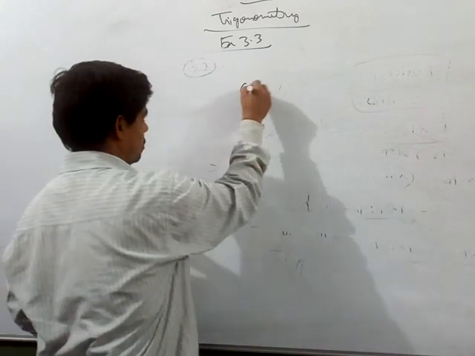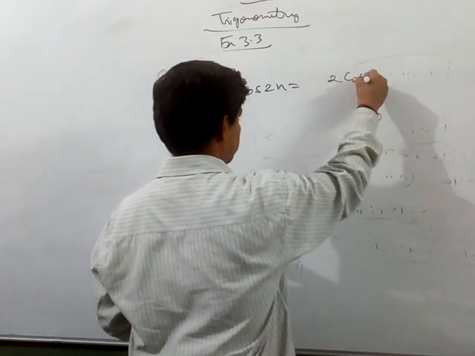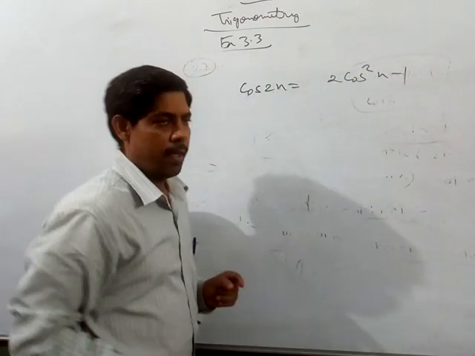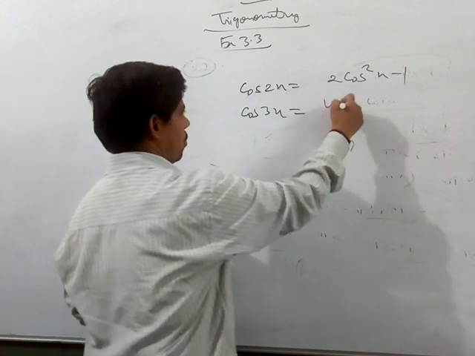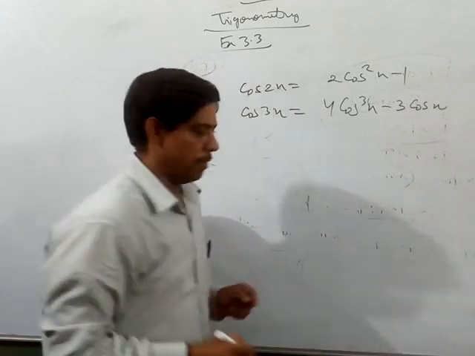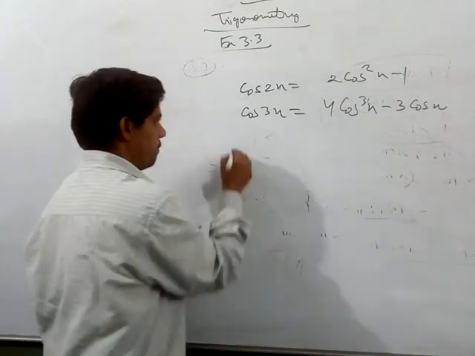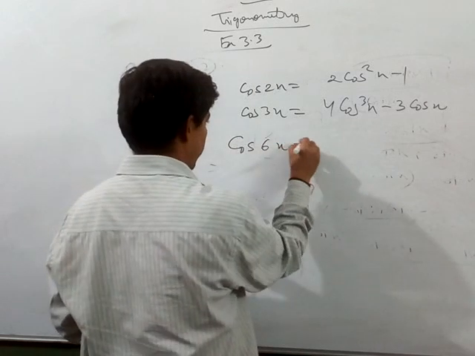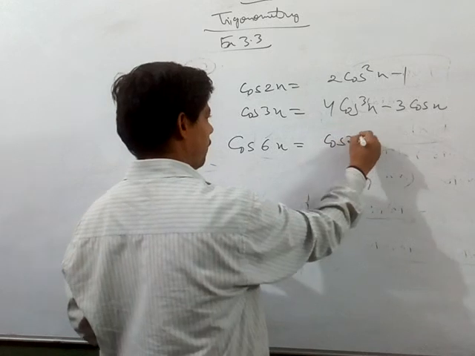First is cos 2x. Cos 2x is 2 cos square x minus 1. And cos 3x is 4 cos cube x minus 3 cos x. So when you combine the two identities, you can then write cos 6x as cos of double of 3x.